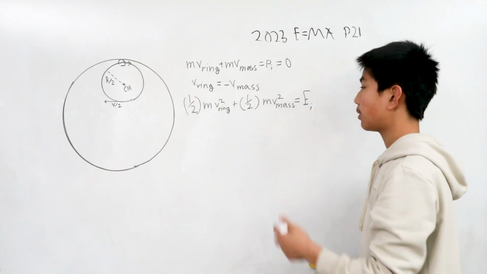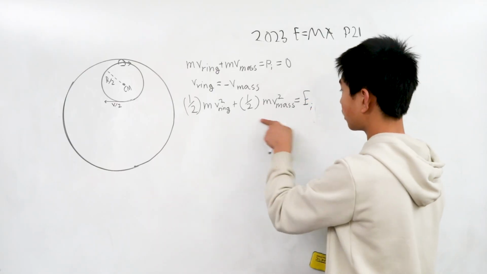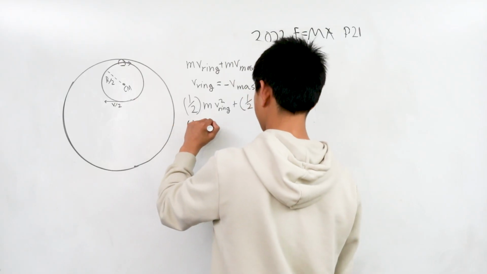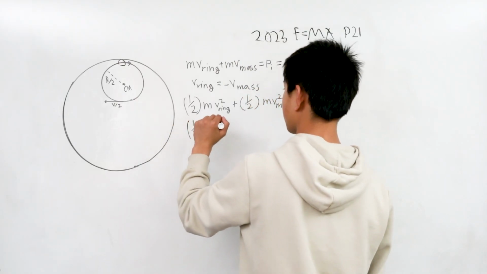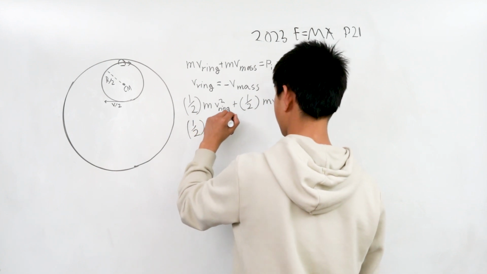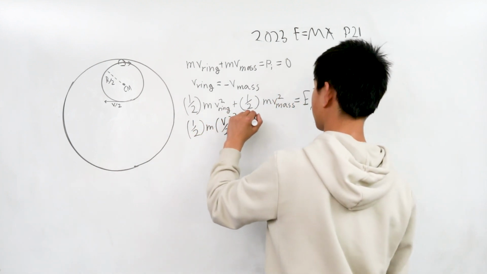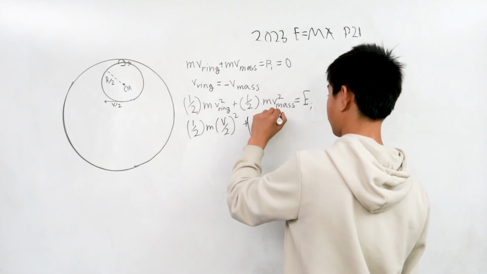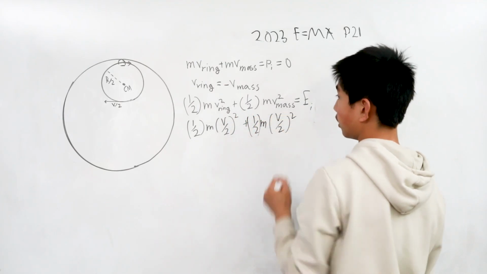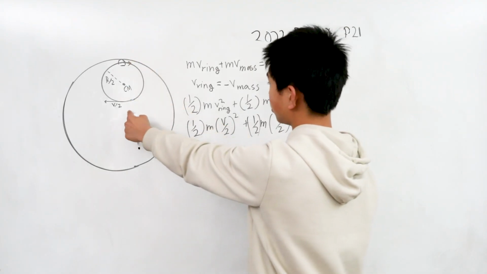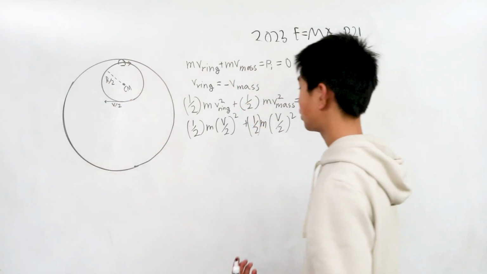What's interesting is that we can rewrite this as 1/2 m times v over 2 squared, and then you add the 1/2 m v over 2 squared, because the velocity is proportional to the velocity at which it's spinning.